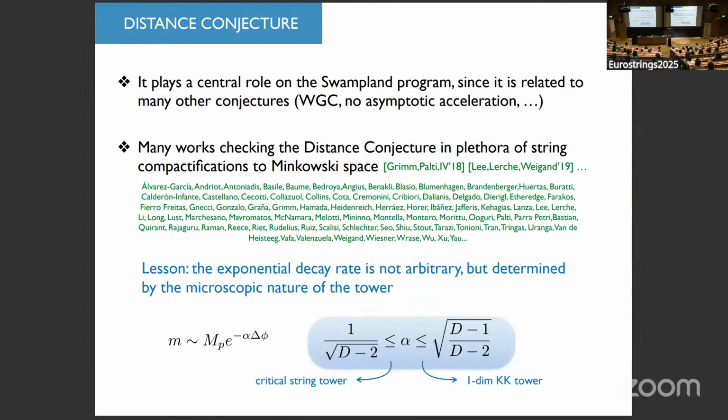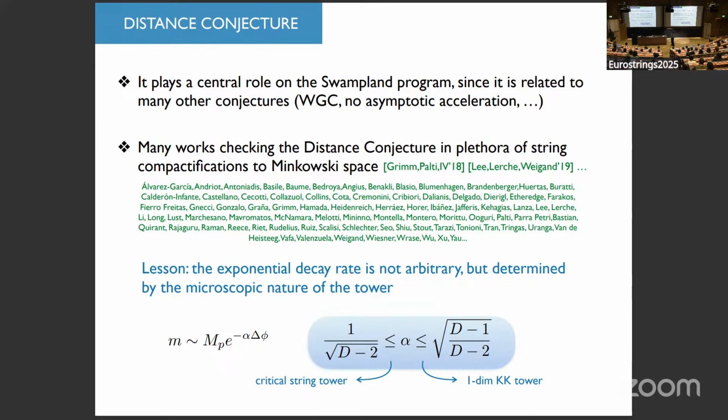rate, so we say that the mass always decreases exponentially in terms of the distance. This exponential rate originally was some random order 1 parameter. It's not random anymore. This exponential rate is very constrained, and it depends on the microscopic nature of the tower.